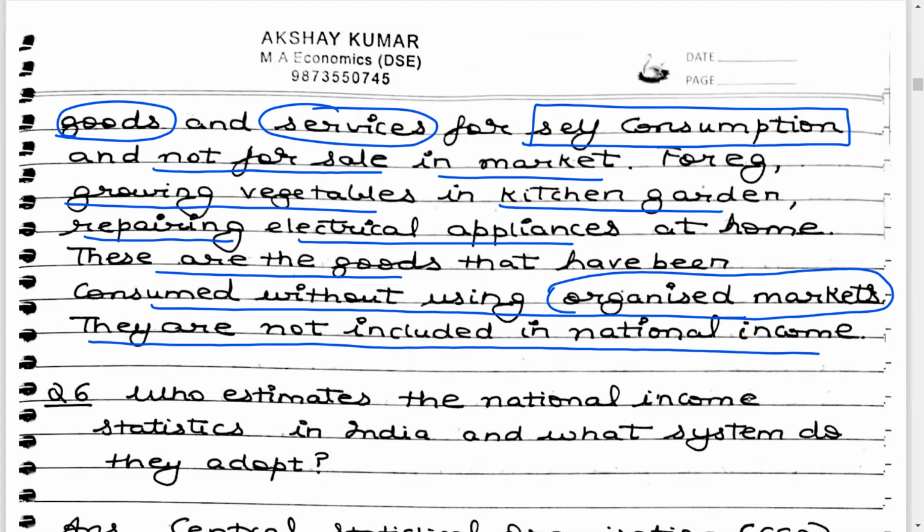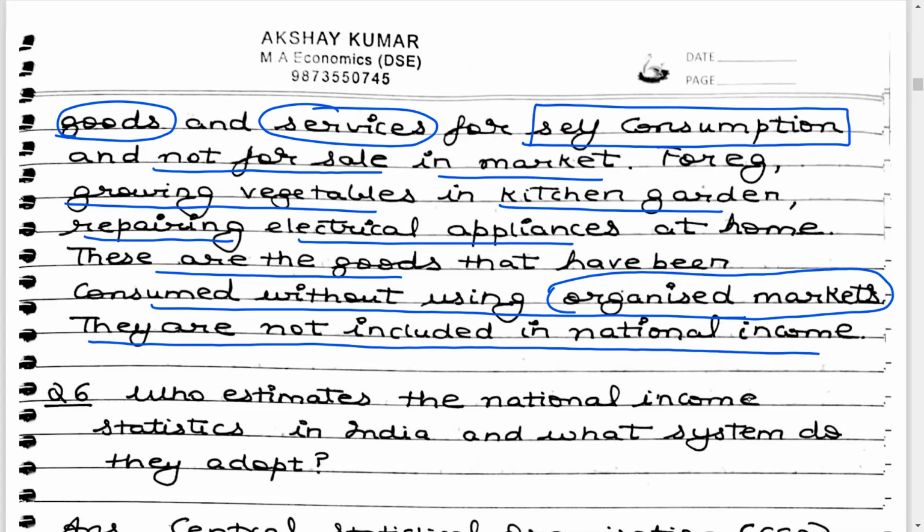Okay, so I hope that students have understood the definition of non-market activities. Point number 1, non-market activities consist of goods and services which are used for self-consumption and not for sale in the market. Point number 2, examples of non-market activities are growing vegetables in the kitchen garden and repairing electrical appliances at home. You can think of more examples of non-market activities.